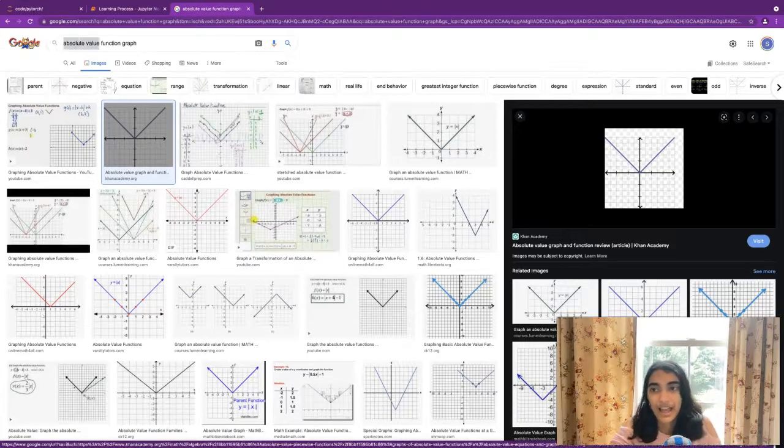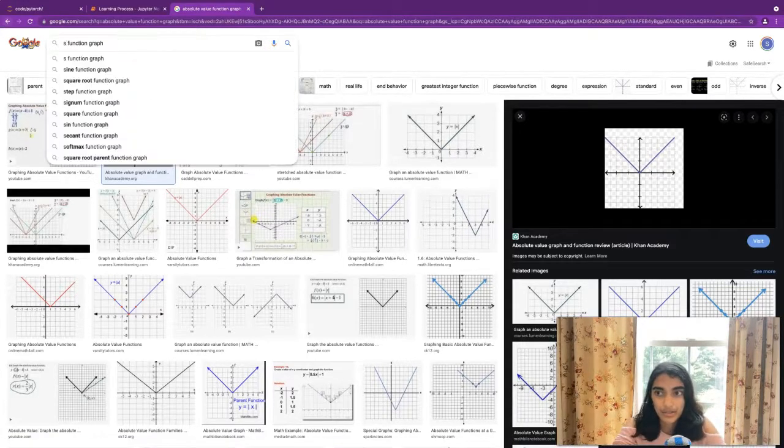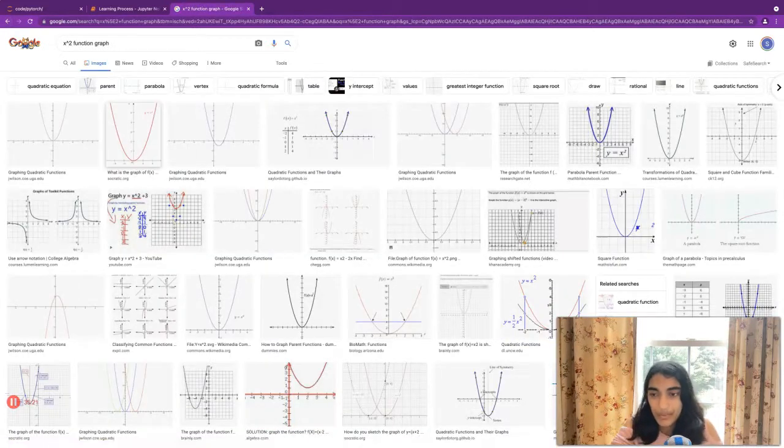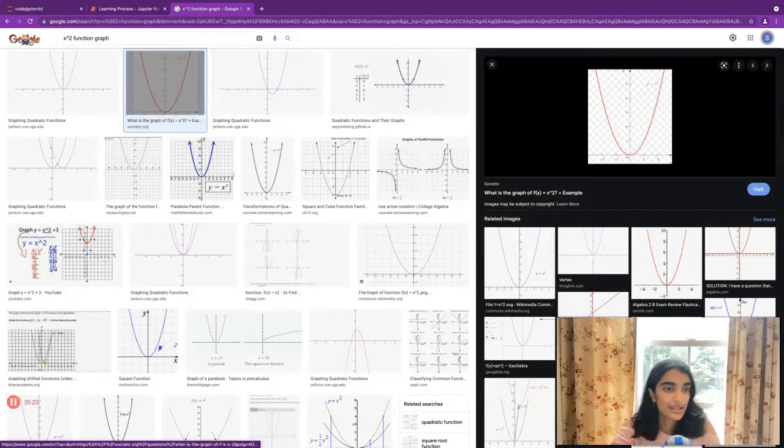Whereas if you take a look at the x squared function, we get a nice parabola. It's a nice smooth curve, and it has a derivative of 0 at the minimum.